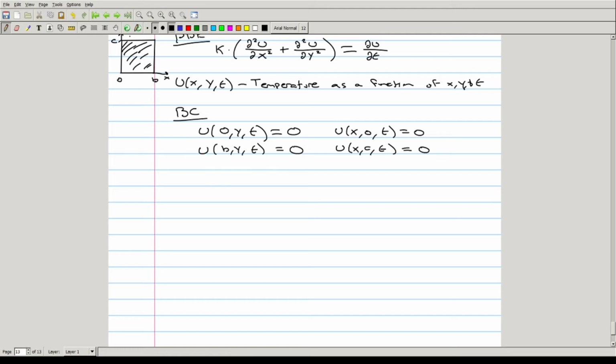So we need 4 separate boundary conditions on each one of these boundaries, and our initial condition is going to be U at t equals 0 is equal to some function f of x, y.